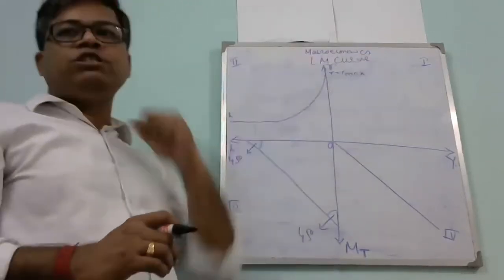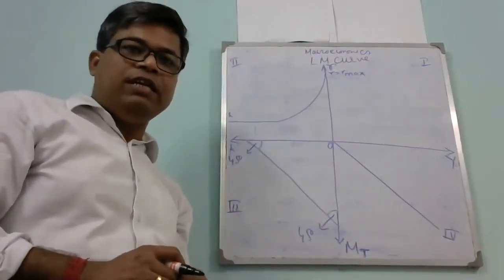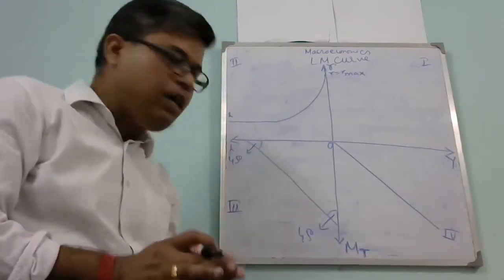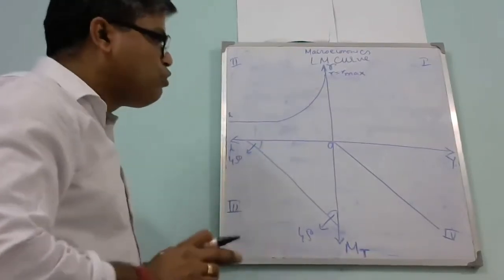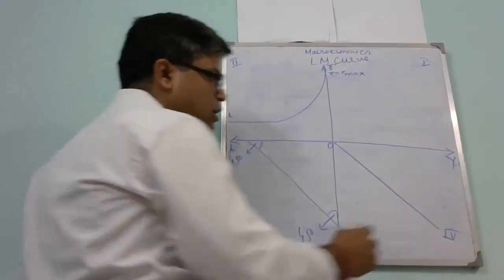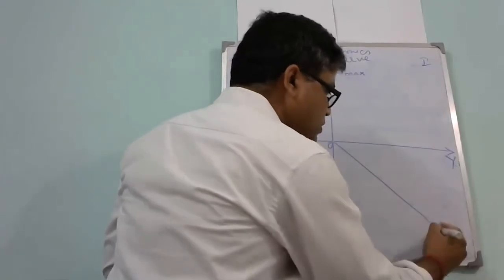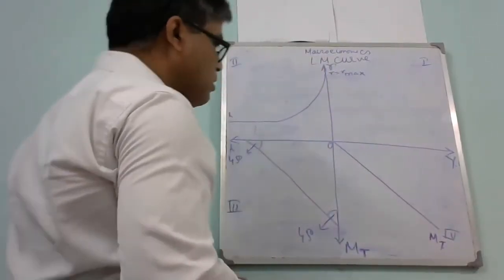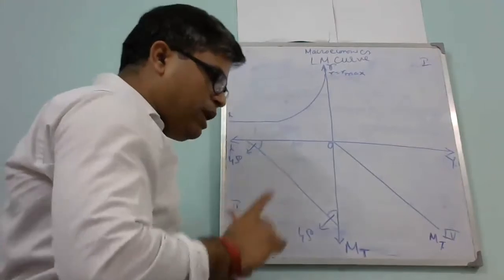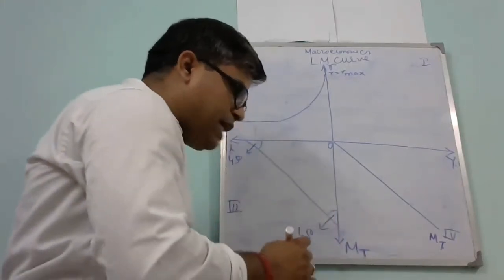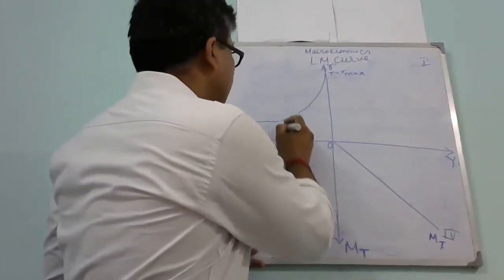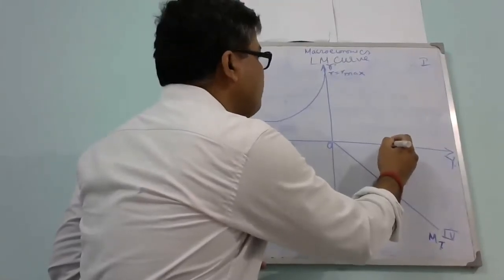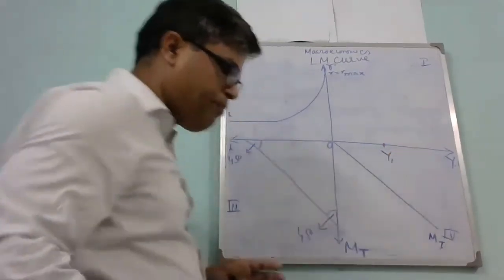Now, in the first quadrant, what will we draw? In the first quadrant, we will be drawing the LM curve. So how to draw the LM curve in the first quadrant? Here it is MT, the total transaction demand. Let's say, in the first case, suppose income is Y1.